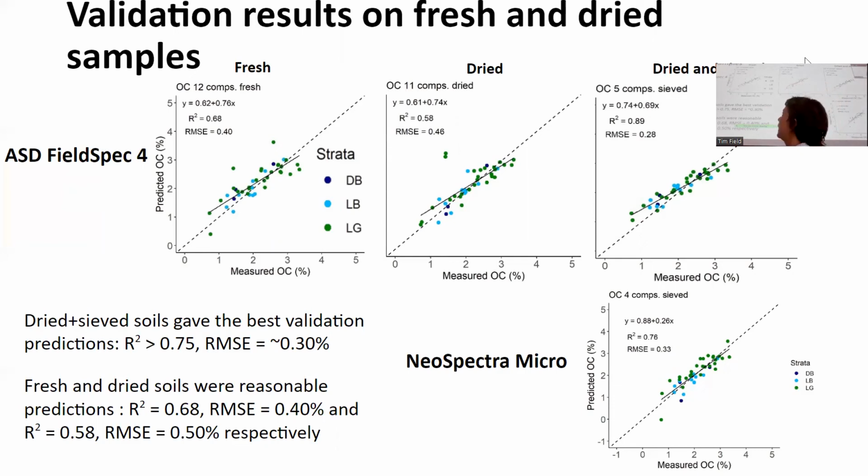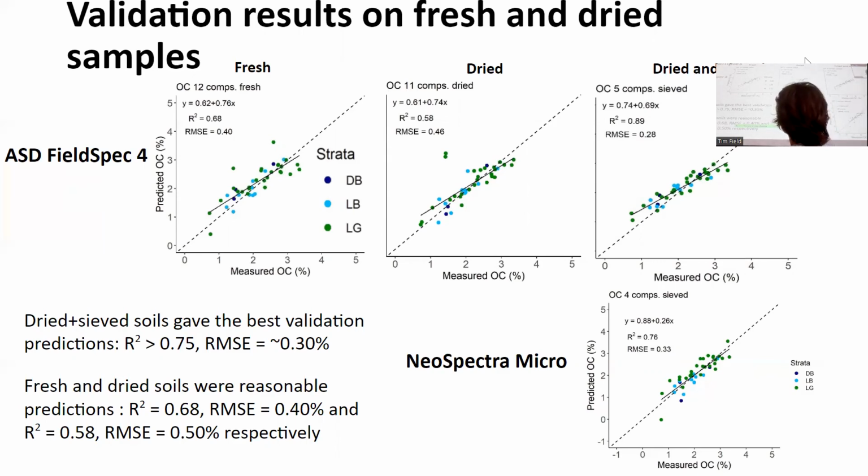Whereas your error, your RMSE, which is how far off you are in terms of the accuracy of the measurement, how close you are to the actual organic carbon measurement, is varying at around 0.4%, so nearly 0.5% of carbon is the error with your fresh samples.